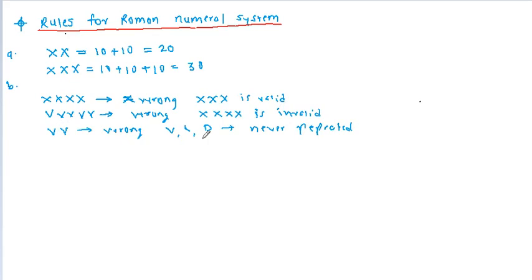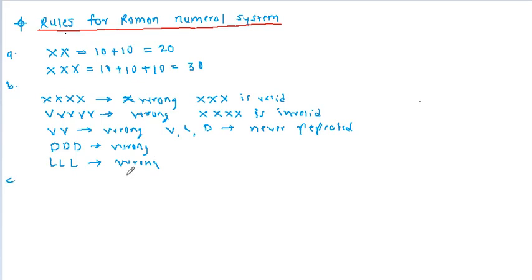We can only use them in a number only once. So if we use D 3 times, this will be a wrong number. If we use L 2 or more than 2 times, it will be an invalid number or a wrong number. Let's see the third rule.